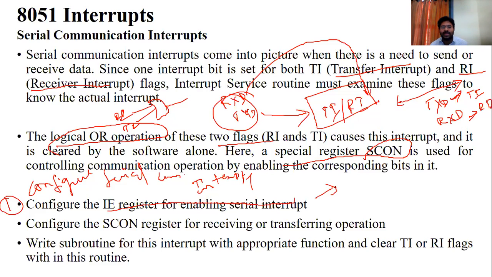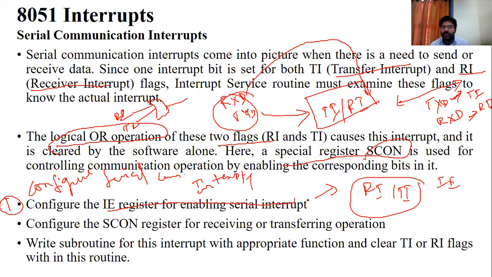IE means the Interrupt Enable register, the register for accessing the 5 interrupts. Whenever you are using the serial interrupts, RI and TI, first of all you have to enable them using the IE register.